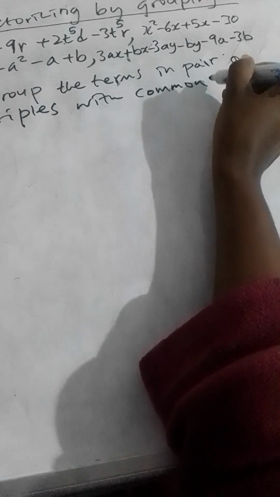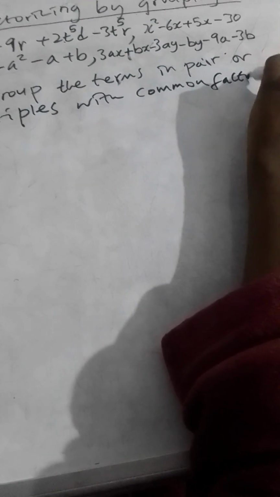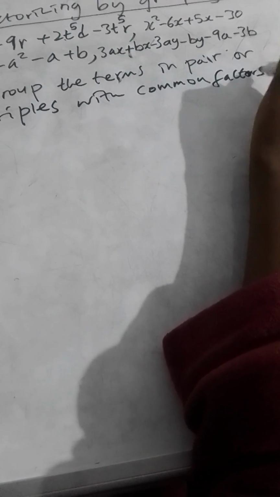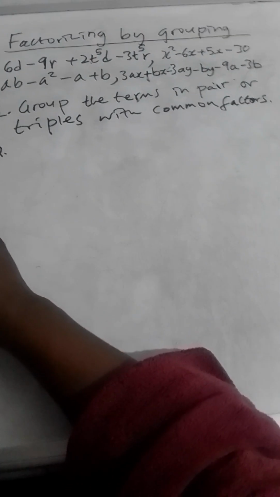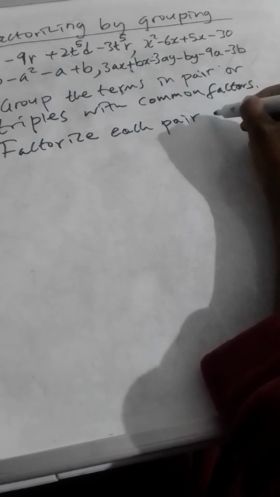That's the first step. Then step number 2, once you have grouped them in pairs of common factors, the next step is to factorize each pair or triple, depending on whether you have grouped them in pairs or triples.